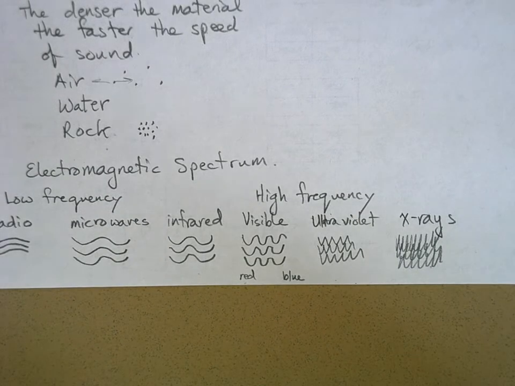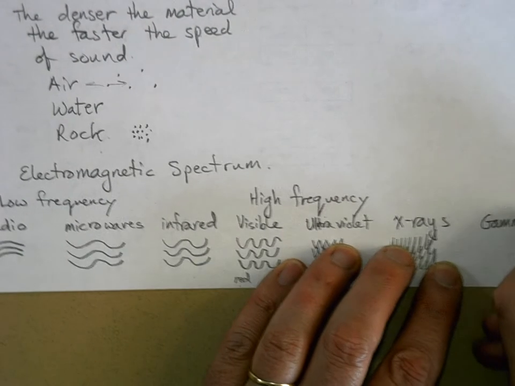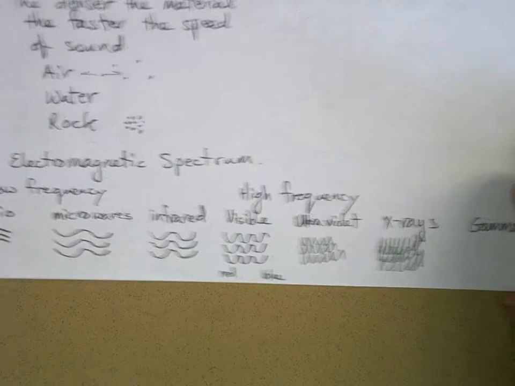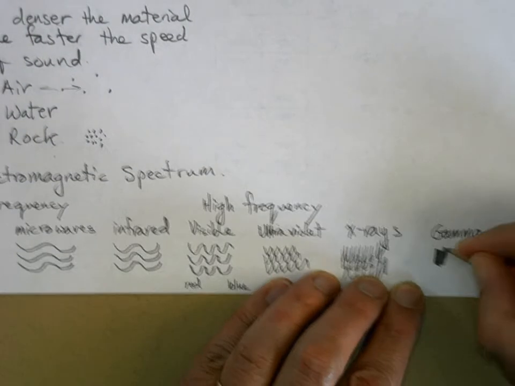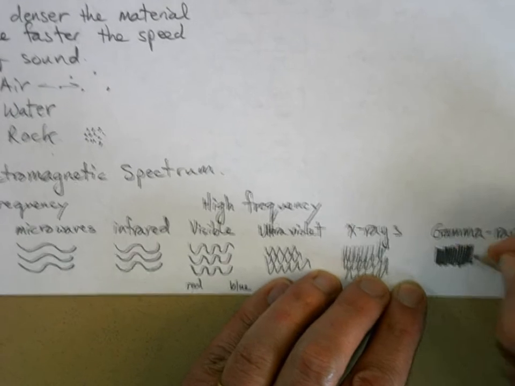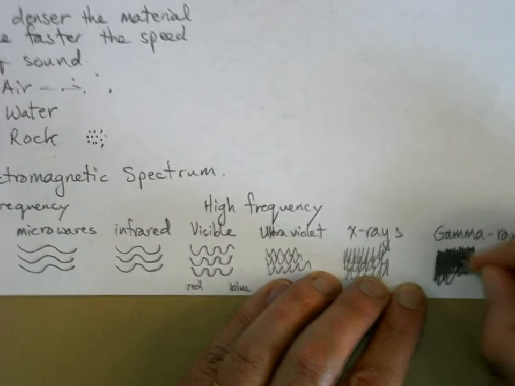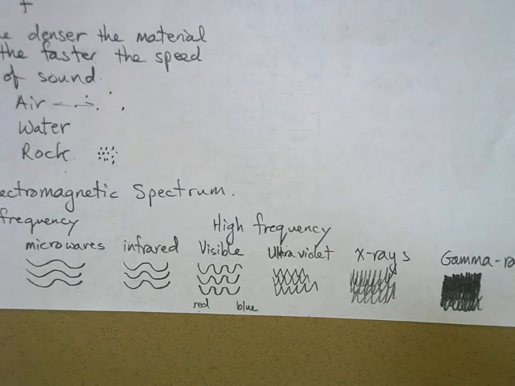Then, gamma rays. They call them rays, but it's really a wave-like packet of energy. Super high frequency. Tons of energy. Well, tons, that's not a very good unit for energy.